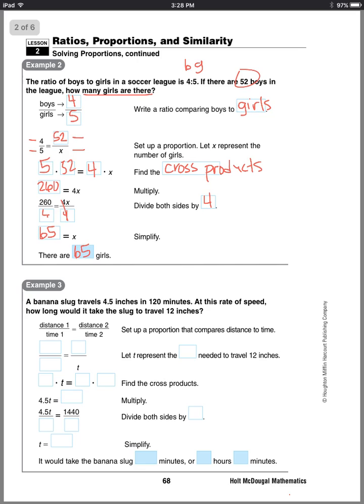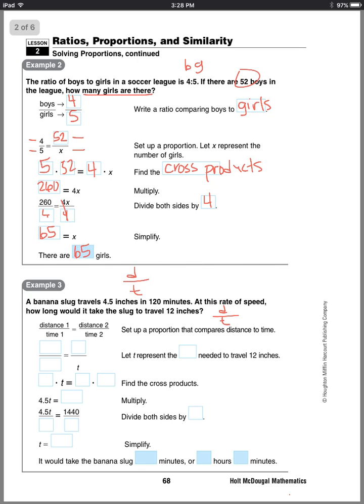A banana slug, ooh, a banana slug, that's a new one, travels 4.5 inches in 120 minutes. So we have distance over time there. At this rate of speed, how long would it take the slug to travel 12 inches? So we would have distance over time here. Okay? So we're going to set up the distance of what we know.